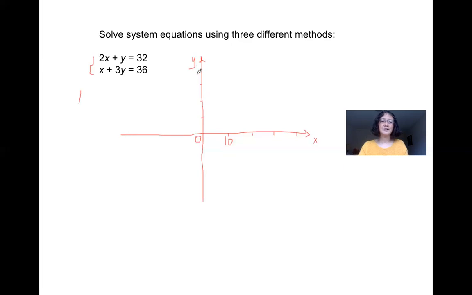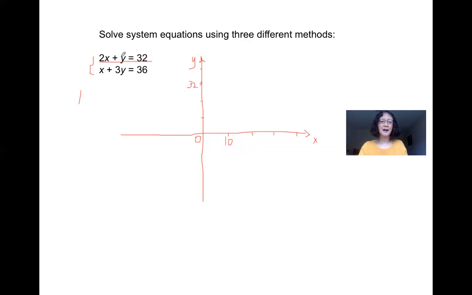Now let's graph the first equation in this coordinate system. Let's say x equal to 0. When x equal to 0, y equal to 32, so 32 may be here.